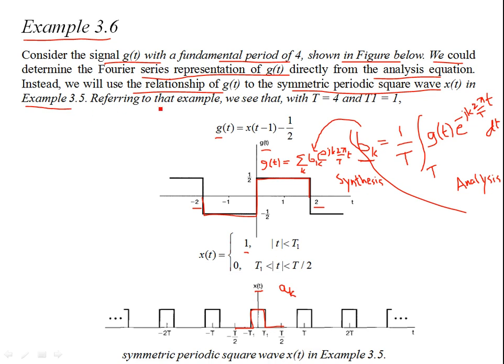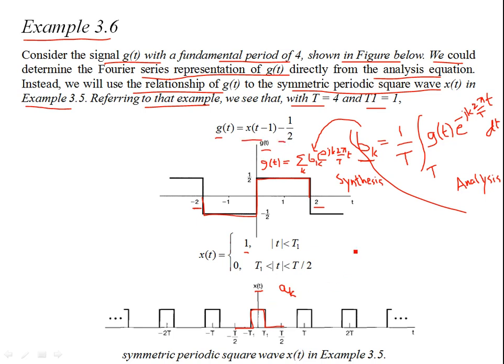Referring to that example, we can see that T equals 4, the period of g(t), and T1 becomes 1. If you refer to these two periodic signals and express g(t) in terms of x(t), just look at this equation: g(t) is x(t-1) minus 1/2.